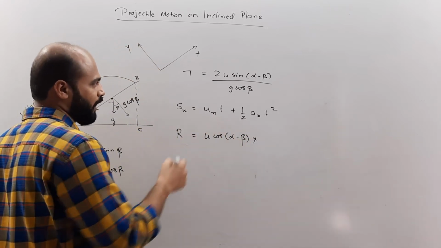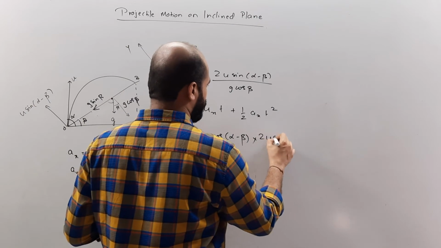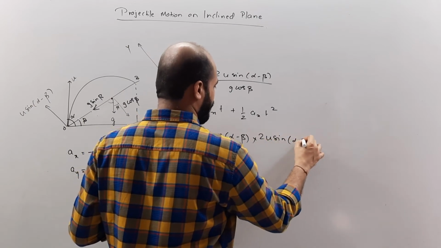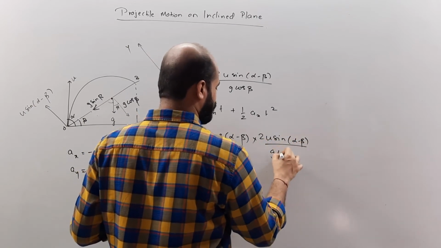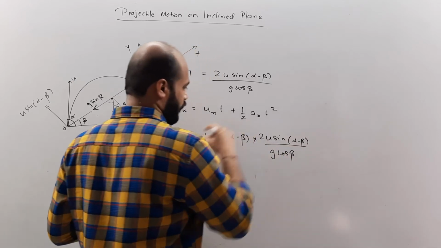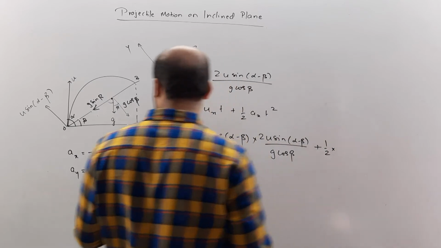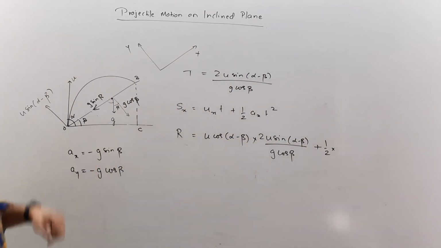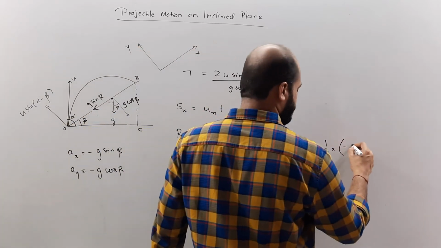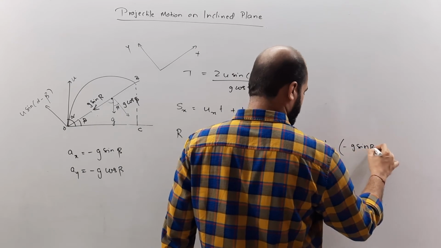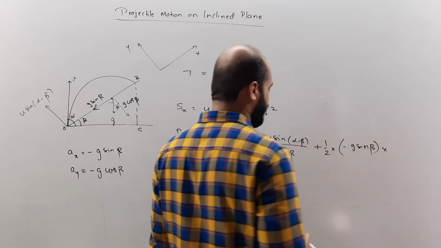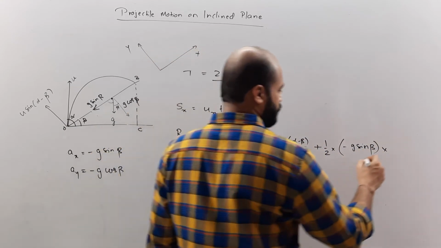So t is the time of flight, which I am going to write over here, 2u sine alpha minus beta by g cos beta, and here we are going to have plus half into ax. Ax we know over here, which is minus g sine beta into t square, which is the square of this.